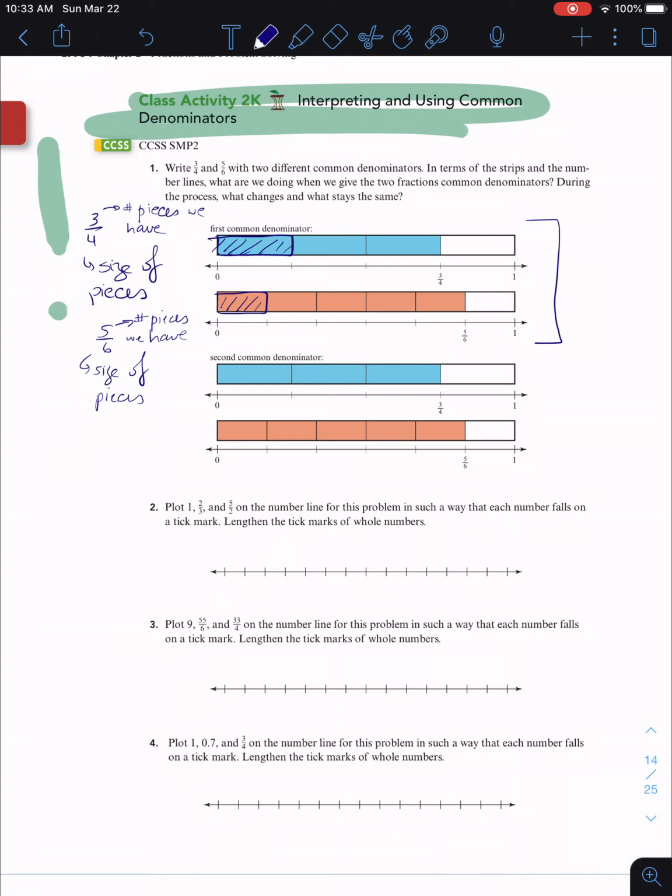If I can figure out what a fourth of a number is and what a sixth of a number is, it would be really helpful to figure out how we could make both of those unit fractions into a similar form.